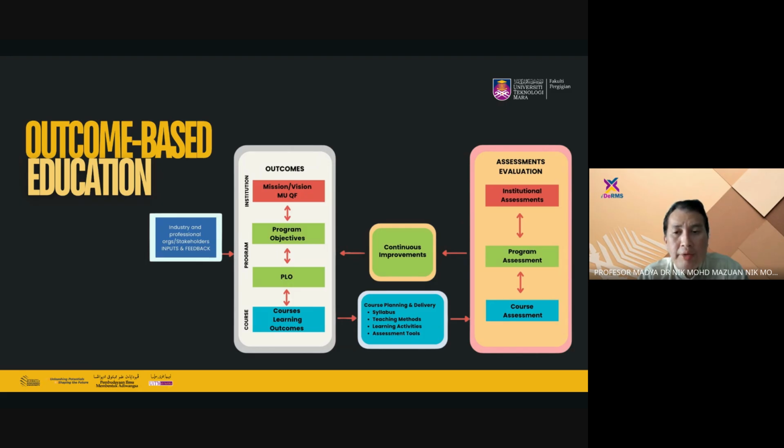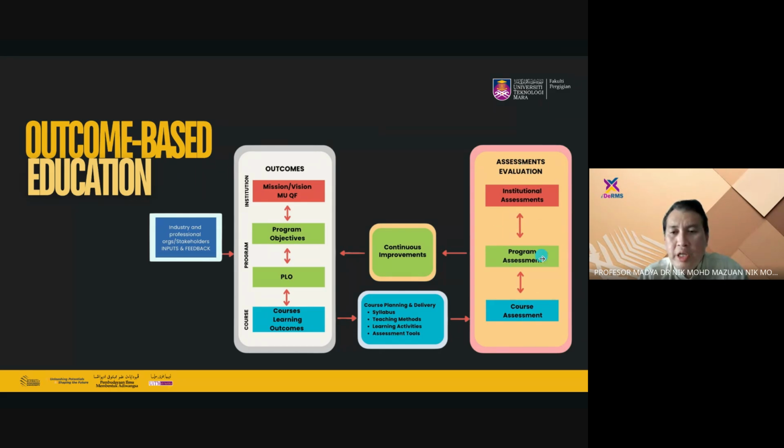After we have done all this, the course assessment, we have the program assessment at the end of the program, and then the institutional assessment: how we conduct the whole program, how we conduct the teaching and learning.